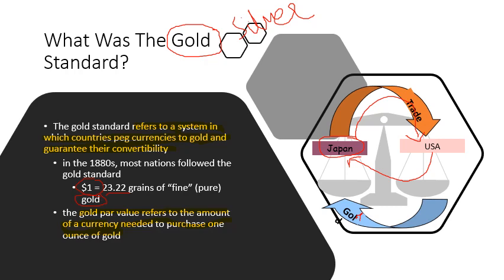Now, the British pound was valued at 113 grains of fine or pure gold. This indicates that 4.25 pounds is equal to 1 ounce of gold. That was the par value.